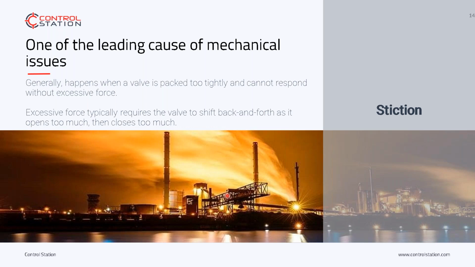Causes typically are due to excessive use of the valve, excessive stroking of the valve, and lack of maintenance on that process, lack of lubrication, lack of repacking of that system, which can cause it. So, to that point, what causes excessive use, over stroking of the valve? In reality, it's our process that's doing it.